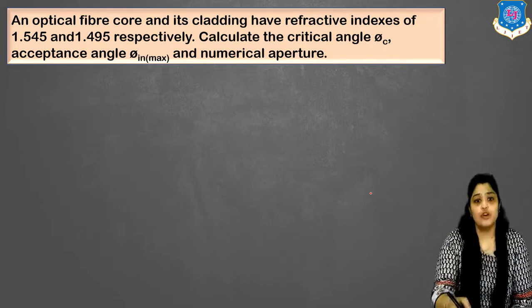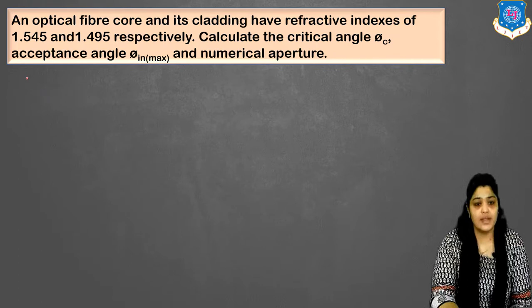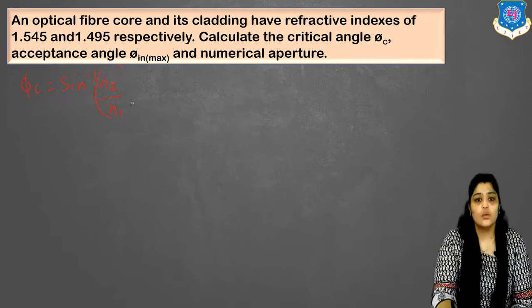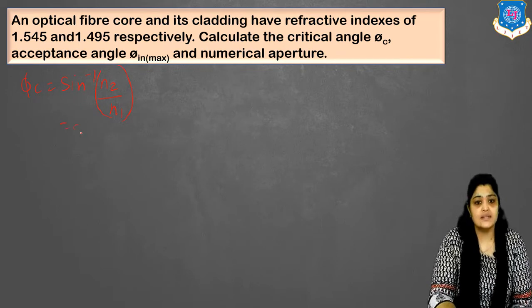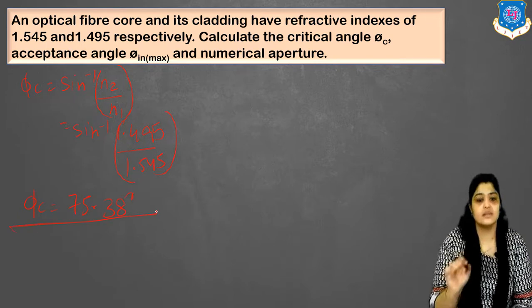We have seen the formulae in the earlier numericals also, so we'll directly start solving with phi c, which equals sine inverse of n2 by n1. I can write this as sine inverse of 1.495 divided by 1.545. So I get the value of 75.38 degrees.